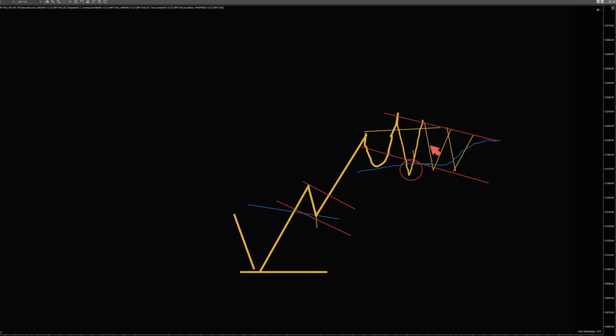So right after here, once you see that 1, 2, 3 move, and then we come to retest the moving average, we retest the high, and after that we retest that moving average, and we got that trap entry here. And after that, we see a couple of up and down moves, and this is going to form a channel.